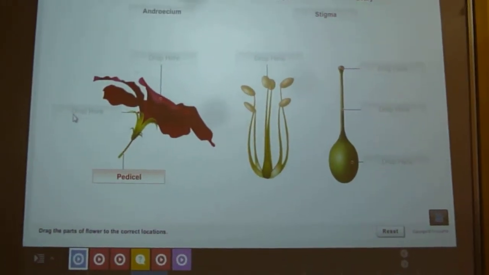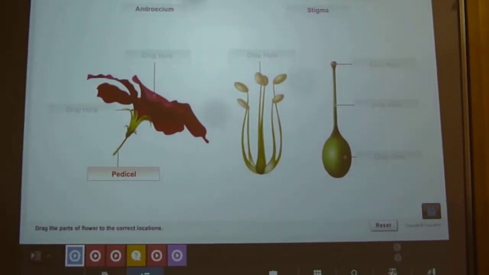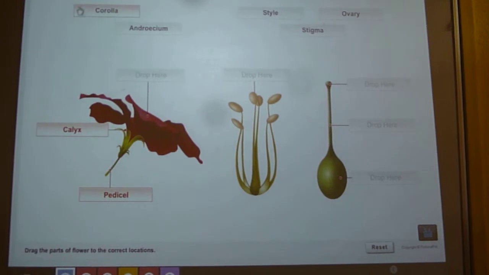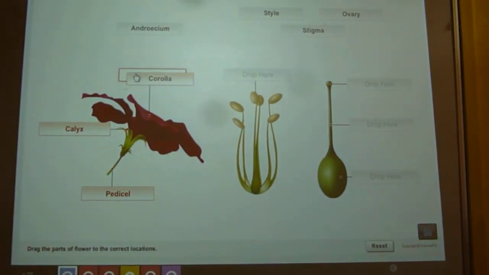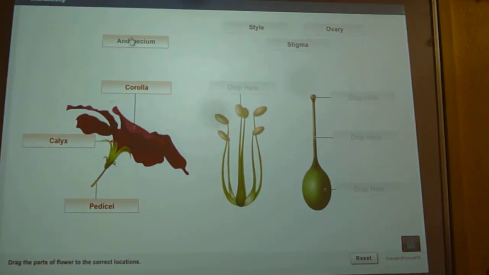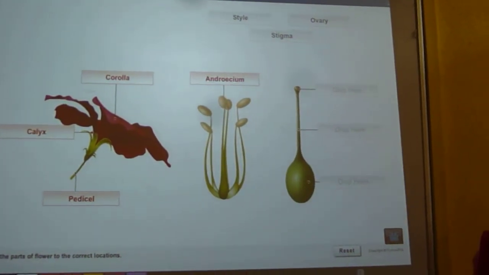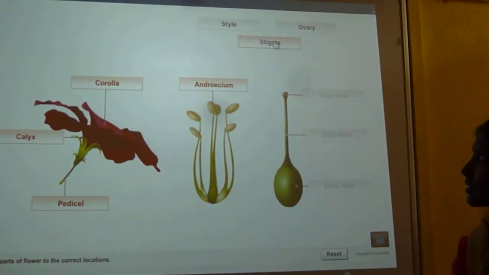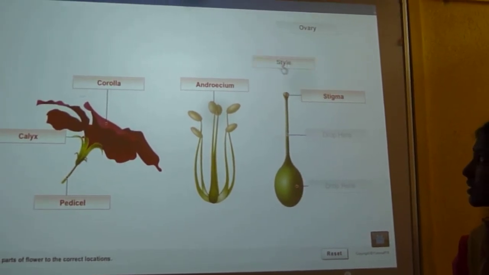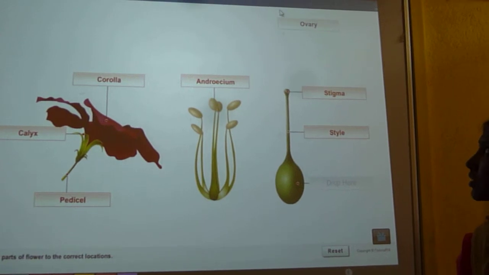This part? Calyx. Very good. Corolla. It is a colorful part, right? Androecium. This is the androecium. This side, the first part is the stigma. Style.